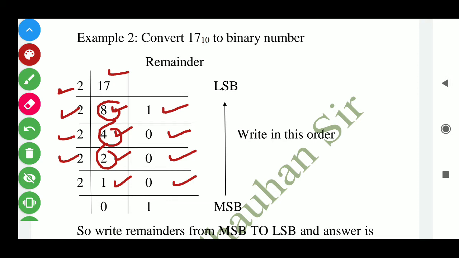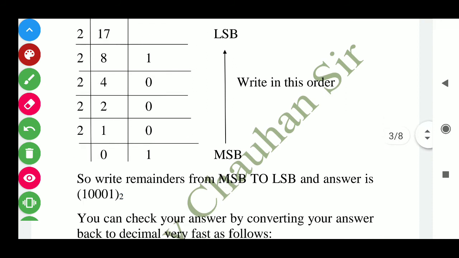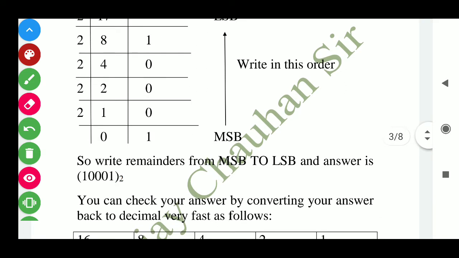Again divide this 1 by 2, that is 0 times. There is no division, and the remainder stays the same, this 1, and write this 1 here. Start writing your answer from bottom to top, that means MSB to LSB. So your answer will become 10001 base 2.